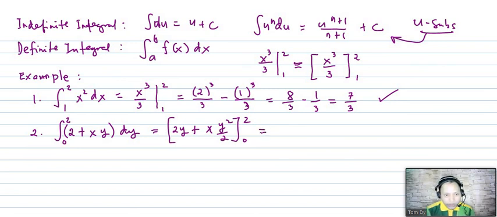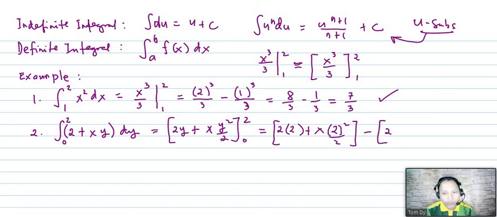Upper limit 2. Instead of writing y, you substitute the upper limit, that is 2, plus x, and then instead of writing y, you will use 2, 2 squared over 2. That is your upper limit minus the lower limit.